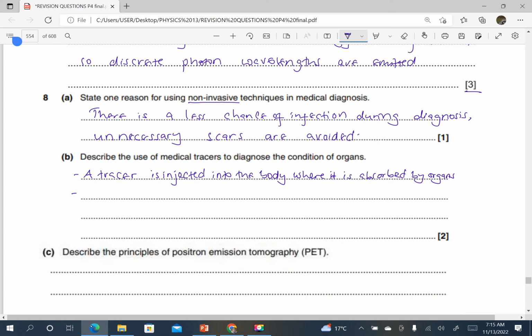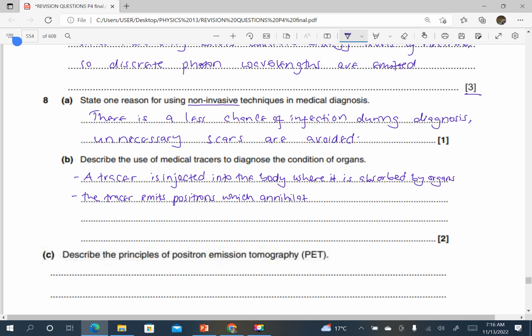So the tracer emits positrons because it has a short half-life. It emits positrons, that is beta plus, which annihilate with electrons in the body.